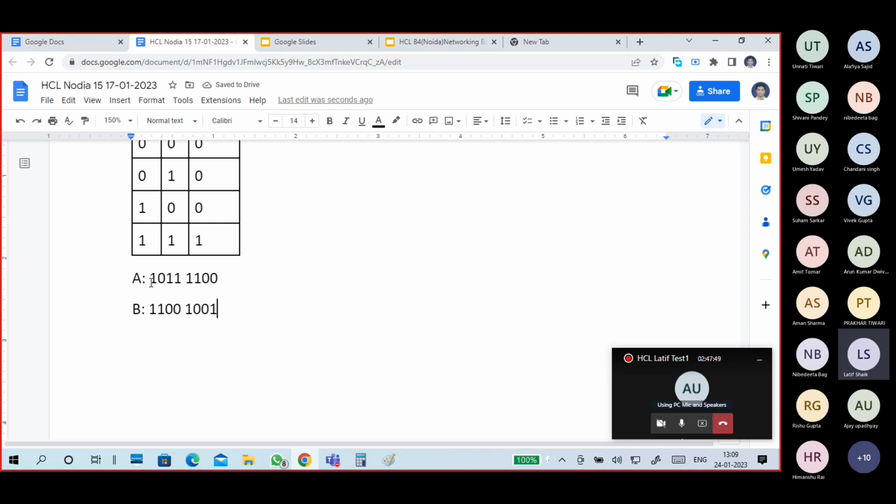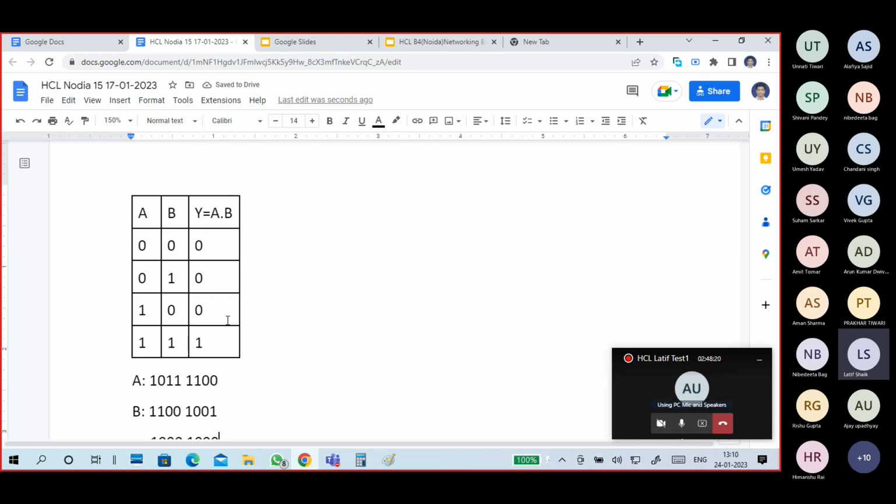So you have to do the AND operation between these. 1 1 is 1, 0 1 is 0, 1 0 is 0, 1 1 is 1, 1 0 is 0, 0 0 is 0, 0 0 is 0. So this is the result of the AND operation. This is how it works.